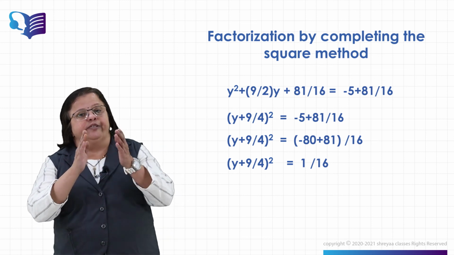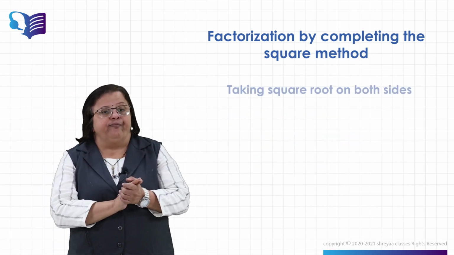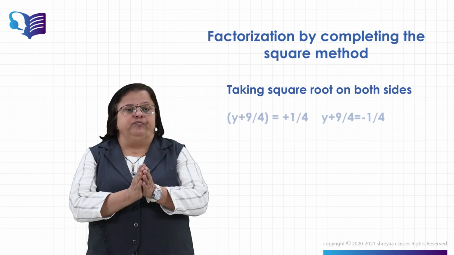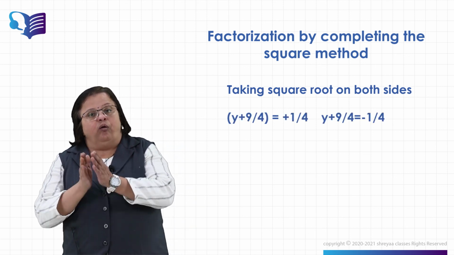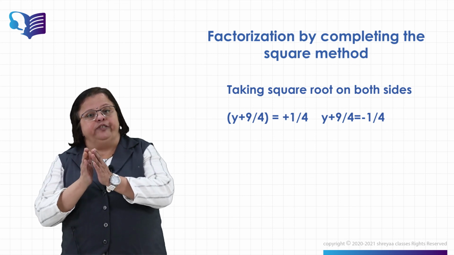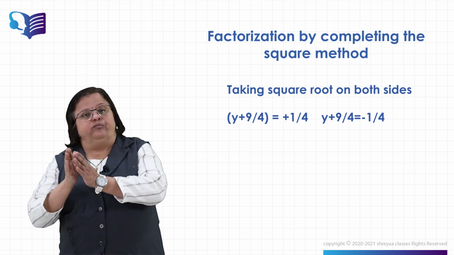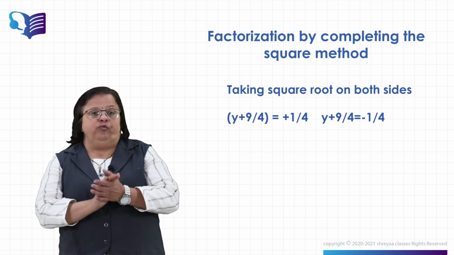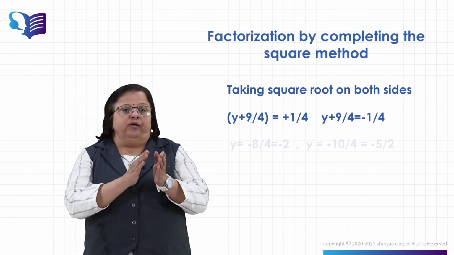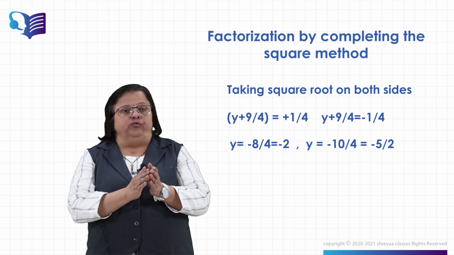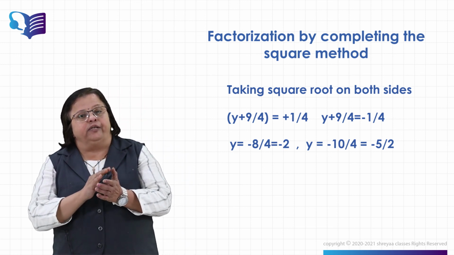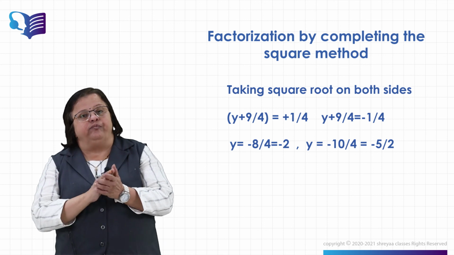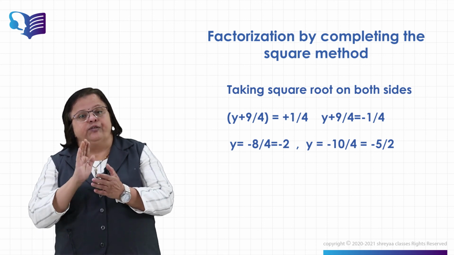Now you have to take the square root on both the sides. So it will be y plus 9 upon 4 is equal to 1 upon 4, or y plus 9 upon 4 is equal to minus 1 upon 4. So it will be y is equal to 1 upon 4 minus 9 upon 4, that is minus 8 upon 4, which is equal to minus 2.